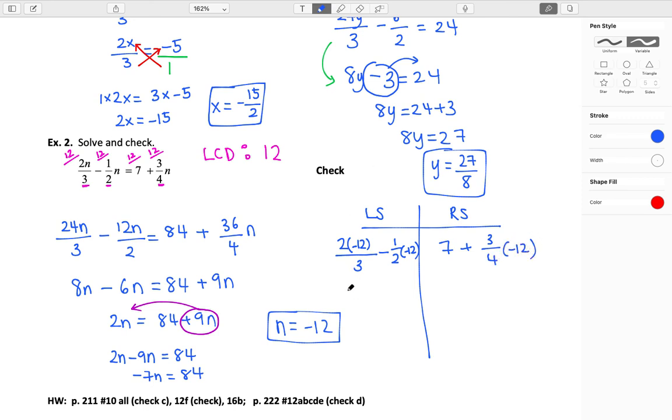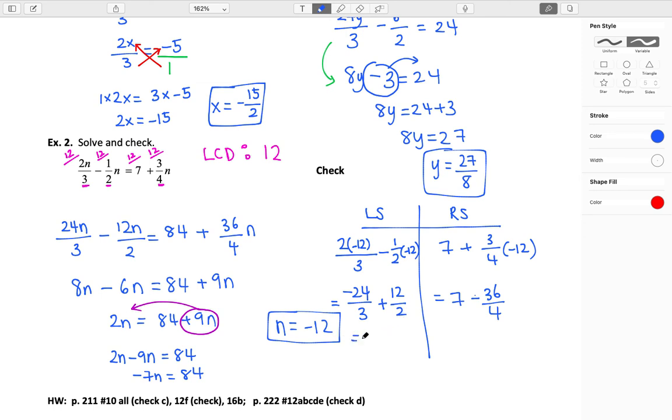So therefore, negative 24 over 3. You get negative, negative becomes positive. So positive 12 over 2. And on the right side, 3 times negative 12 gives me negative 36 over 4.